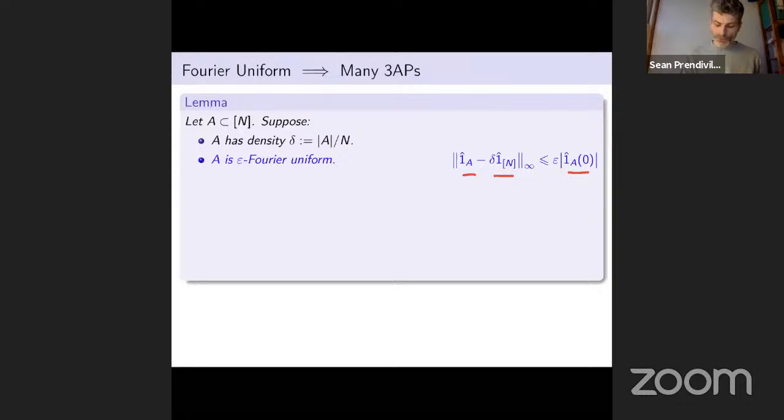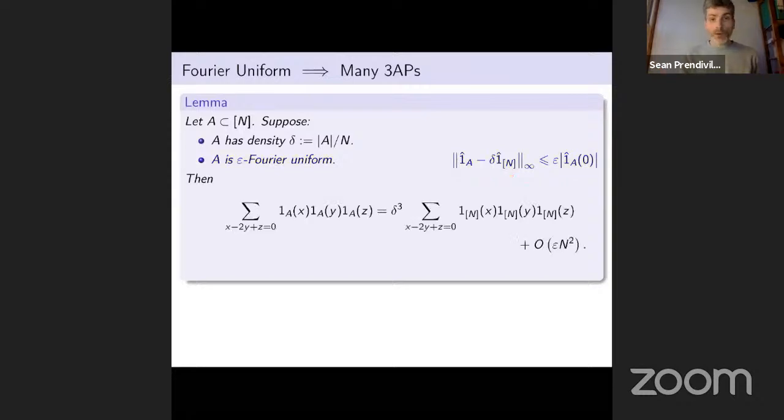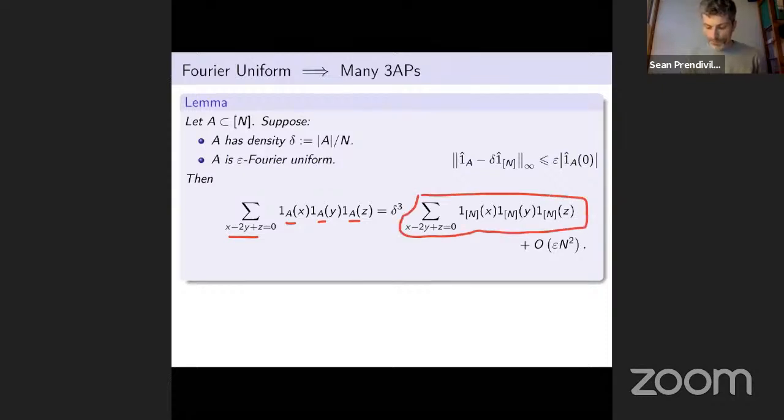So if both of those assumptions are true, then we've got this naive heuristic, this asymptotic formula for the number of solutions to our equation in our dense set. And it's equal to the number of solutions in the interval, given by this formula here, scaled by the cube of the density, because we're working with a 3-variable equation, plus an error term.